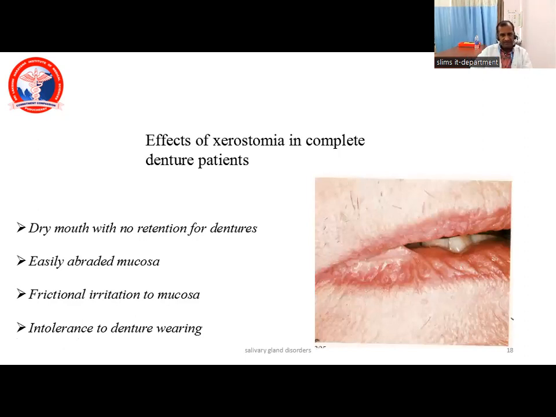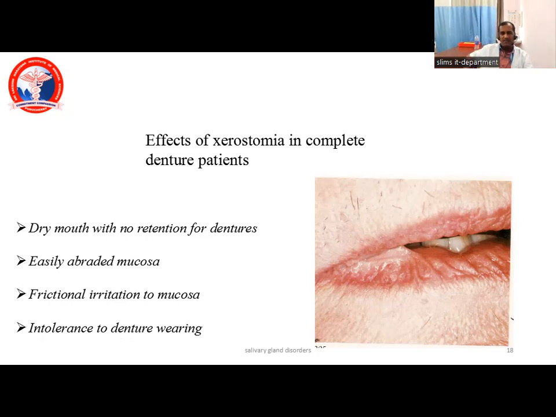The other part is a patient with a complete denture. This picture shows the pattern. If there is dry mouth, then eventually the patient's denture won't stay. There won't be any retention for the dentures, and there will be easily abraded mucosa, frictional irritation to the mucosa, and intolerance to the denture edge.